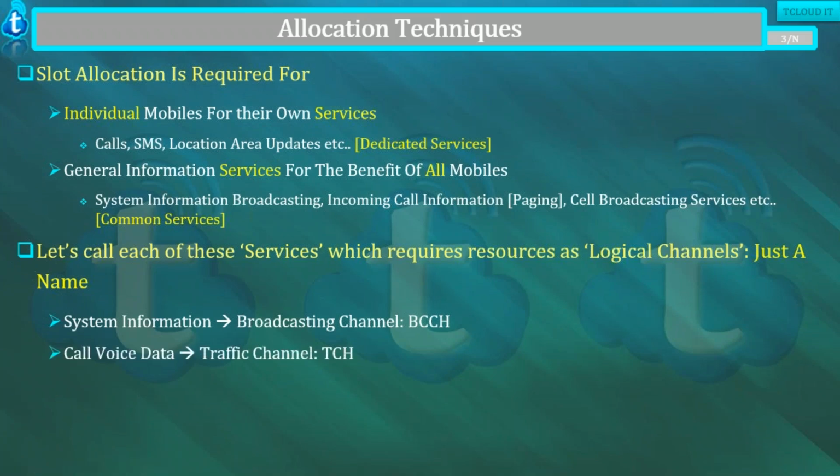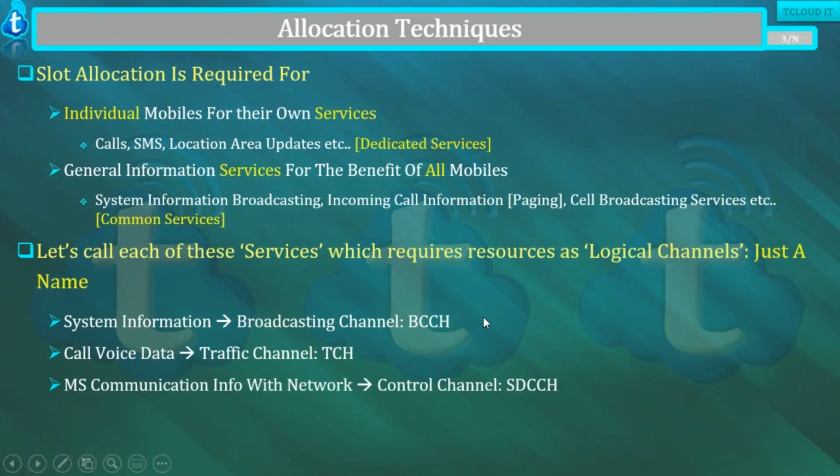Your call voice data, if you talk to somebody, that is called as voice data. That voice data is called as traffic channel data, TCH. And if your mobile station is communicating with the network, like requesting things from the network, hey, I want this, I want that, that is called as control channel, also named as SDCCH, standalone dedicated control channel.